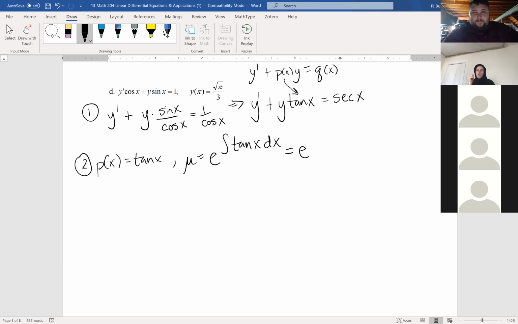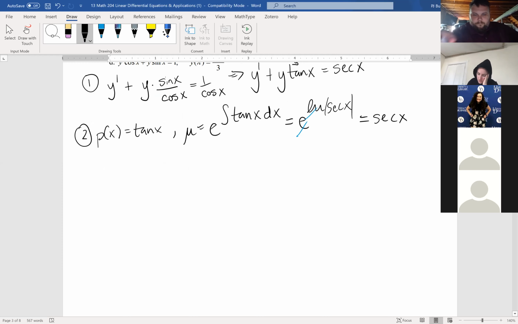That's derivative of secant. It's natural log of the secant. And that's really nice because e and log cancel. So we just get secant out of that.